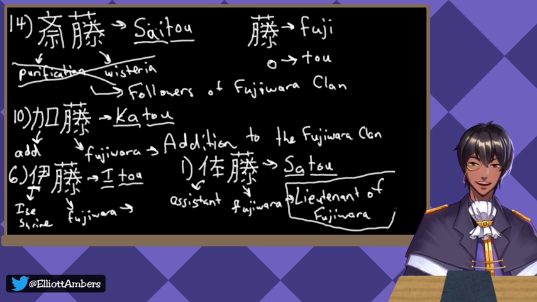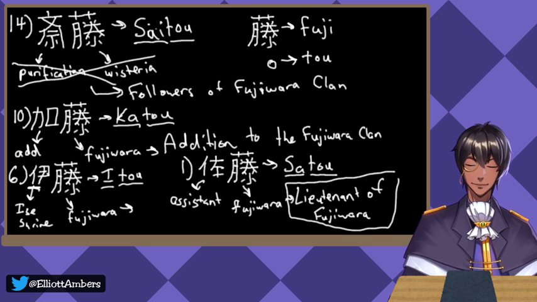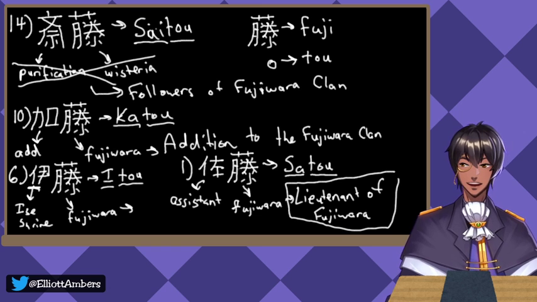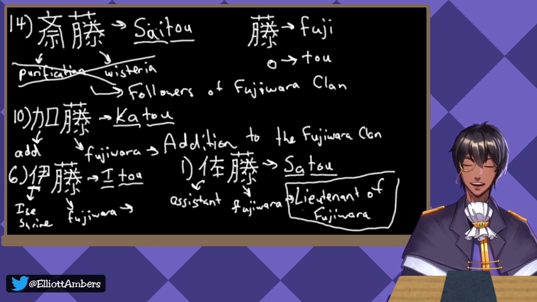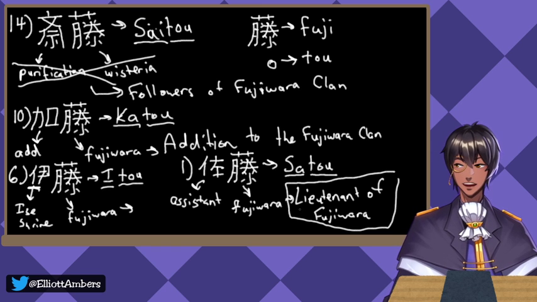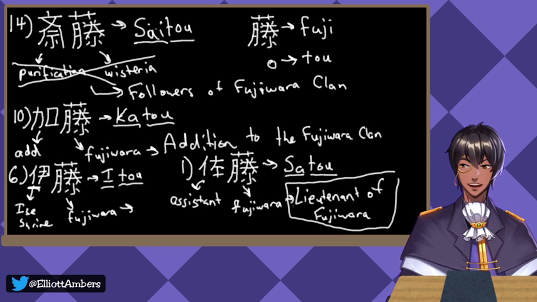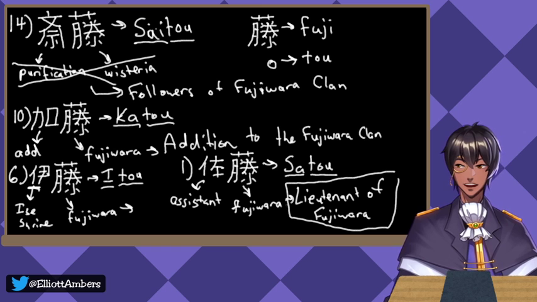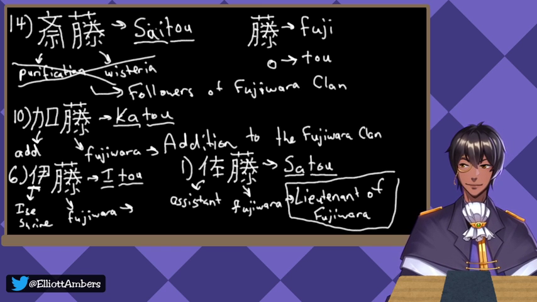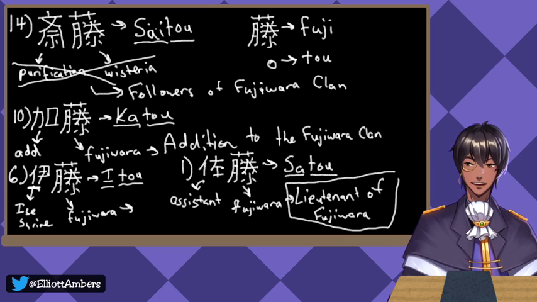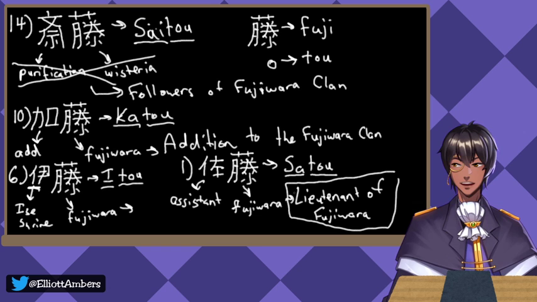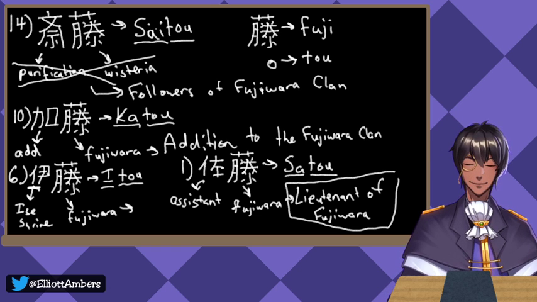And I think it's so tricky because they don't use the Fuji reading for this character here. They use the To reading, but it relates to this powerful clan and how the most common surname are from people who wanted to support this clan, people who worked as officers, or just people who vowed to this clan. So Sato, the most popular surname in Japan, represents people that worked for the Fujiwara family.